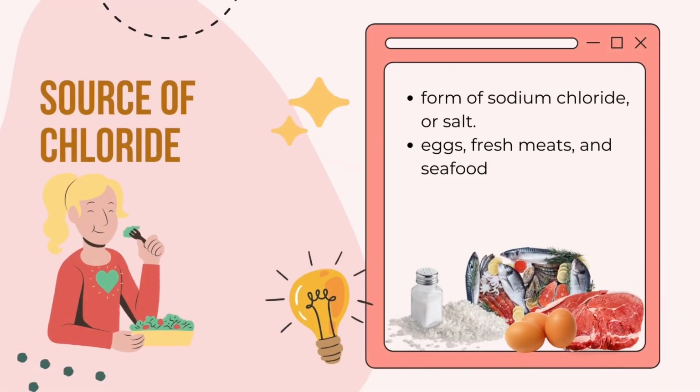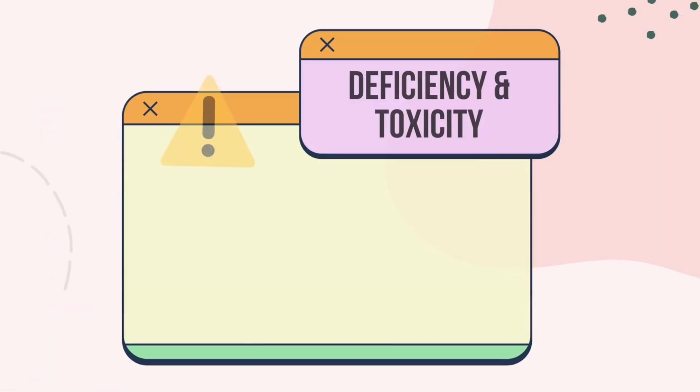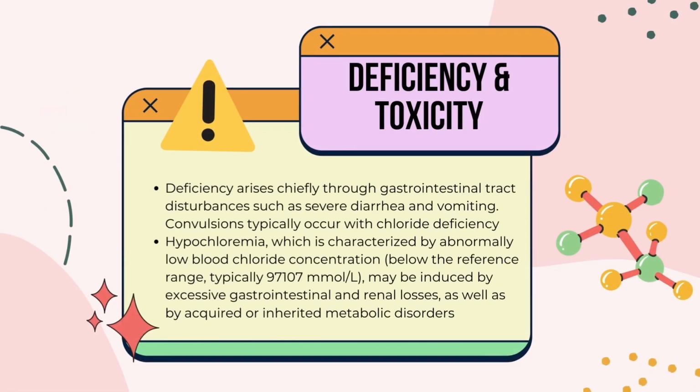Sources of chloride: in the form of sodium chloride or salt, eggs, fresh meat, and seafood. Deficiency and toxicity. Deficiency arises chiefly through gastrointestinal tract disturbances such as severe diarrhea and vomiting. Convulsions typically occur with chloride deficiency.